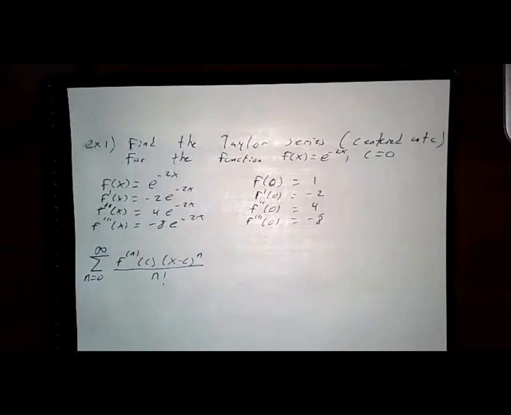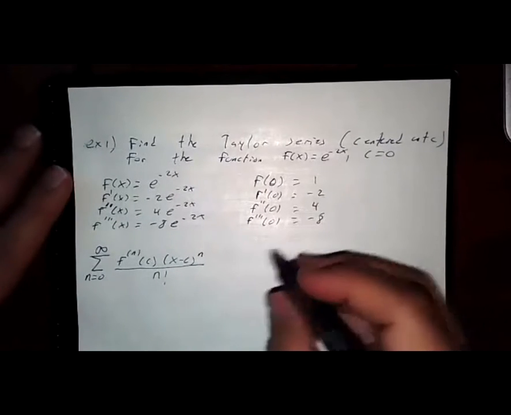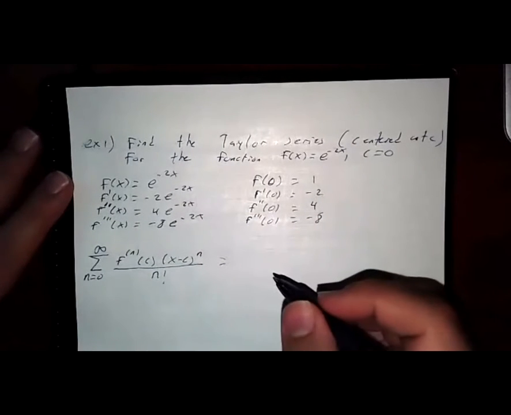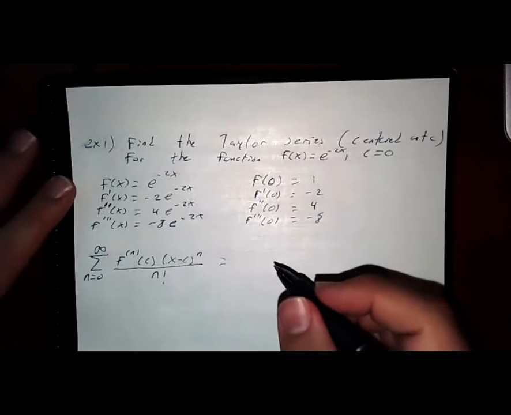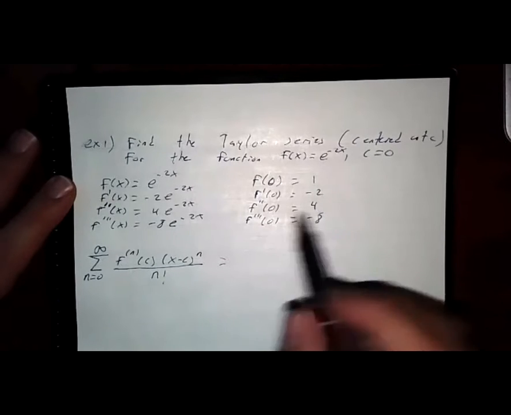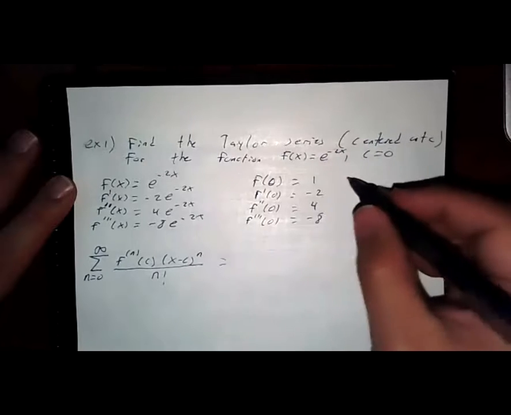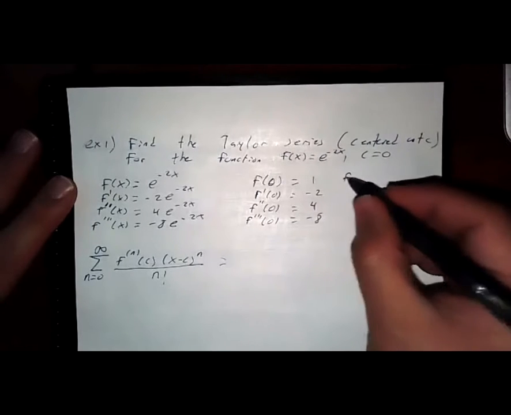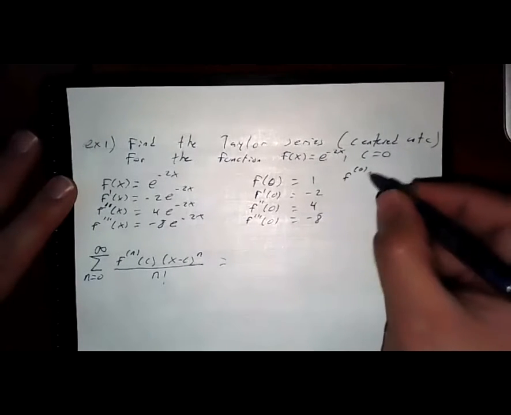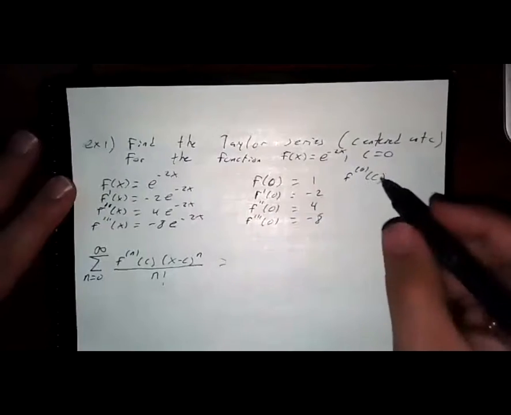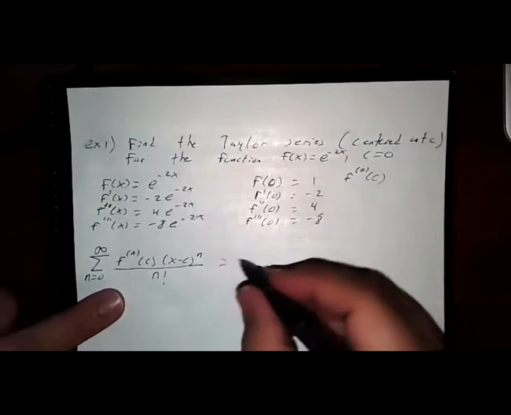So that's the formula. The first number is f0 at c, which would be 1.